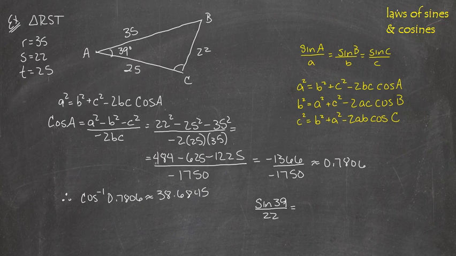It's a good idea not to use the angle across from the hypotenuse, because it's going to be greater than 90 degrees. And when you do your calculations, it's possible to get either an erroneous or an undefined answer. So stick to your non-hypotenuse opposite angle. So in this case it will be B. So I'm going to take sine of 39 over 22 is equal to the sine of B over 25.